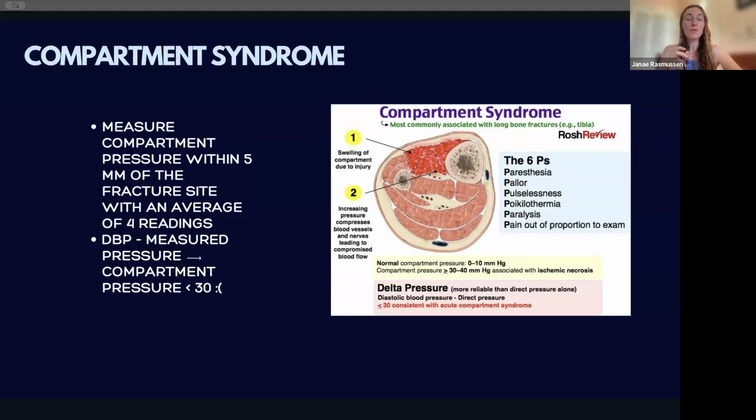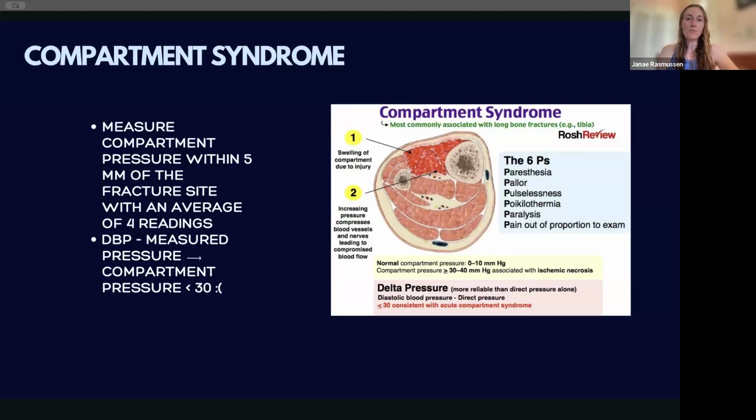One of the things that can be really helpful when you're assessing for compartment syndrome is to stretch whatever compartment. So if it's the leg, you're putting into dorsiflexion and plantar flexion, and they get worse pain with dorsiflexion. Oftentimes you can physically feel the compartments and they feel hard. Now, if you're getting to the point where the patient already is losing sensation, they're losing blood flow, typically it's already too late at that point.